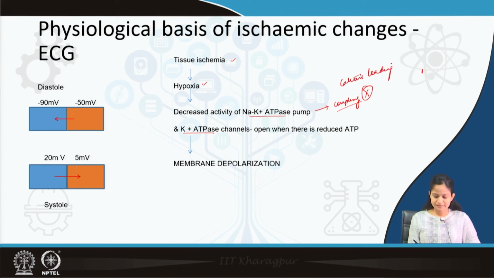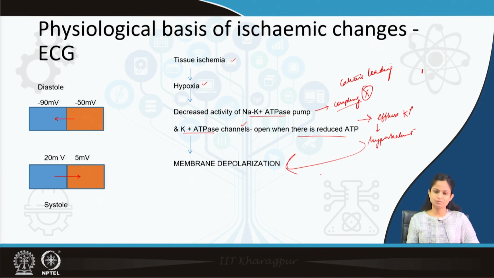The potassium ATP channels also will open because of the reduced ATP, which will cause efflux of potassium ions to the extracellular fluid, which will cause hyperkalemia, which will in turn cause membrane depolarization. That means the cell will have a reduced membrane potential. That is what we can see in diastole, that means when the cell is at rest.